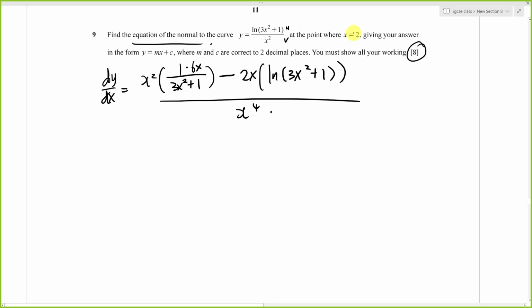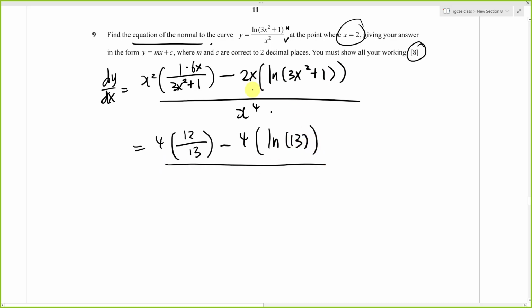Alright, because they give me the x value already, I will not simplify this complicated fraction here. I will just sub in the number here. So this one is 4. So this one will be 12 over 13, times 4, minus 4 ln 13, over 2 to the power 4, which is 16.